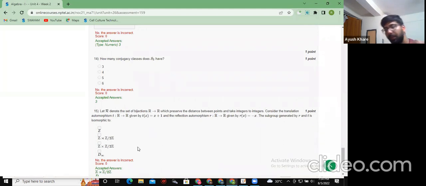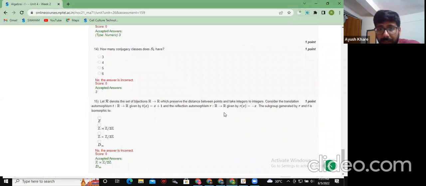If you have seen the definition of D infinity, there also we have the same thing. The definition of D infinity is just Z semi-direct product with S2, where the identity permutation acts on an integer in the usual way, that is, it fixes the integer, and the cycle (1 2) sends an integer m to minus m.